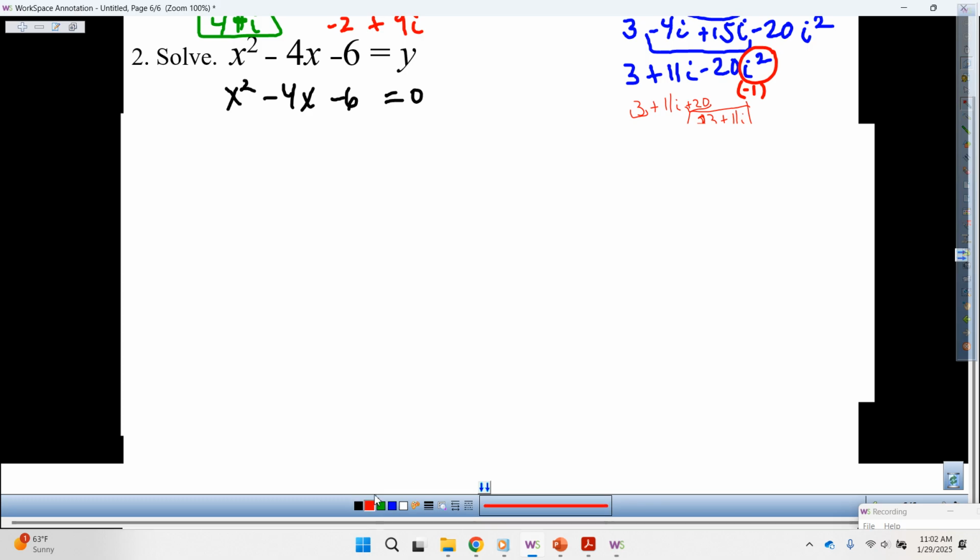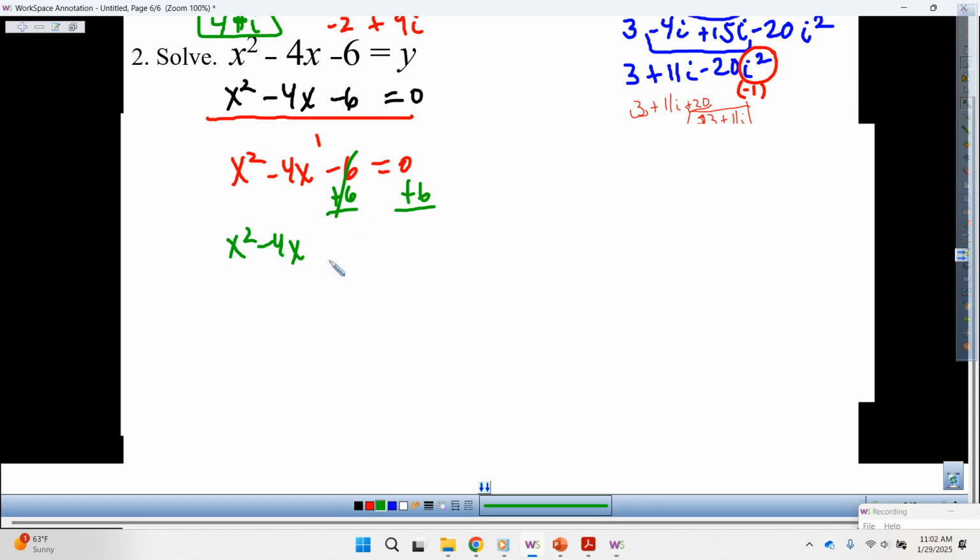Next, Abby, what do I do? Divide by 1, so we end up with x squared minus 4x minus 6 equal to 0. Continue, Elijah. Add 6 to both sides. x squared minus 4x equals 6.